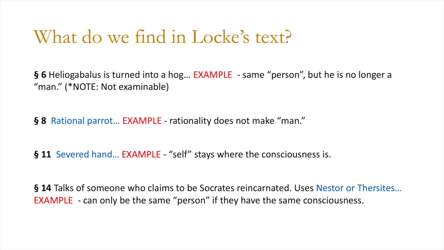The first one he looks at in our VCE text is the rational parrot. Rationality does not make man is the conclusion. Then there's the severed hand. It is an example. Self stays where the consciousness is.